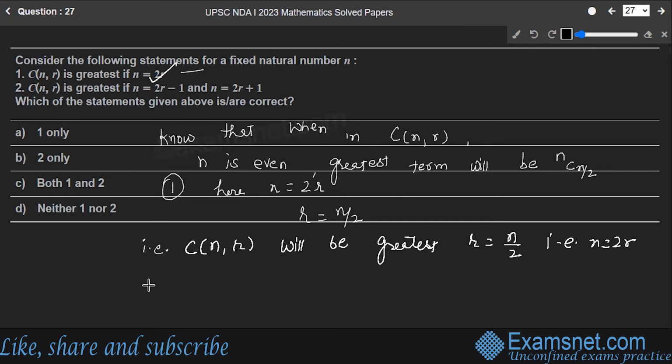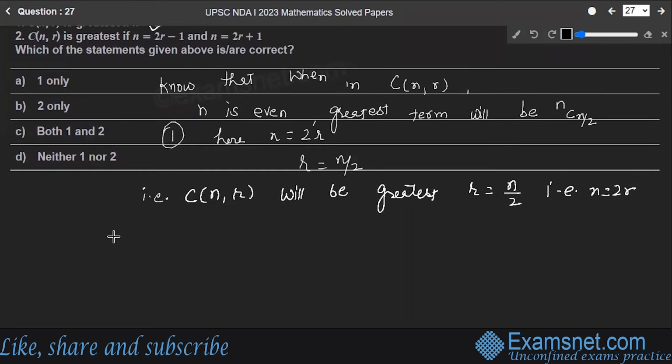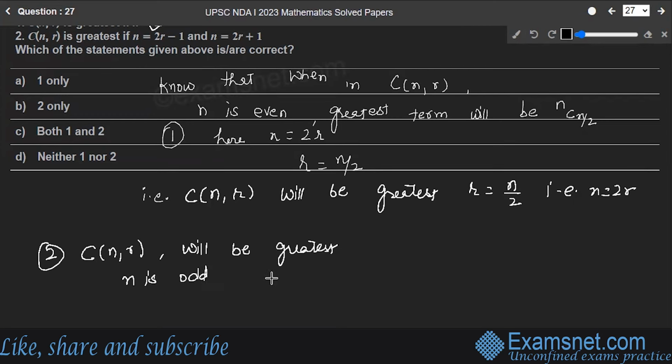Let's go with the second one. Second says nCr is greatest if n is equal to 2r minus 1. So we know that for the second statement, nCr will be greatest when n is odd. That is, either r will be (n minus 1) by 2 or (n plus 1) by 2.